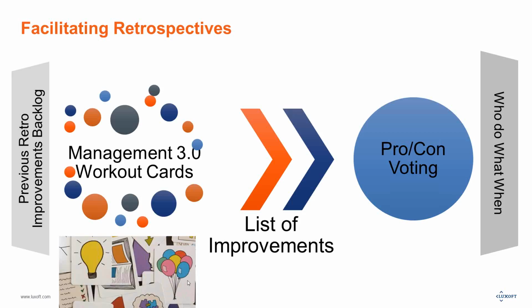And then when the list of improvements is created, you can do pro-con voting on this list of improvements. And as a result, you will get a list of action items from the retrospective, where you define who does what action item by what time.